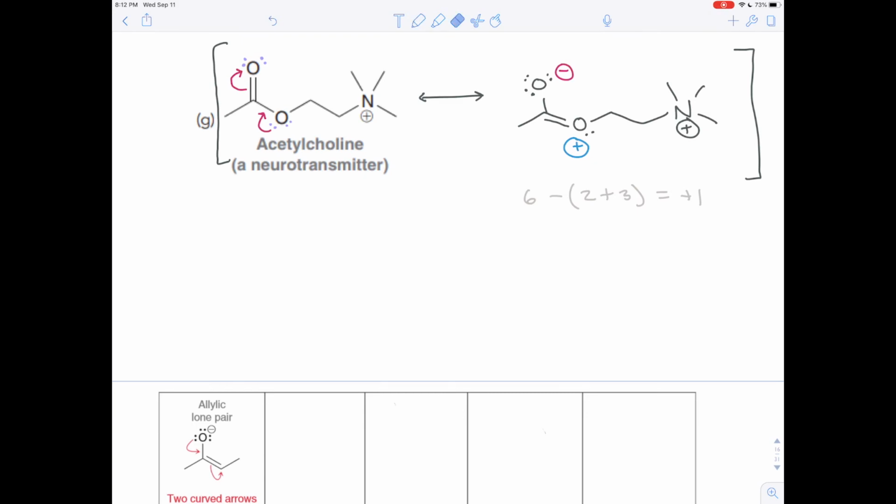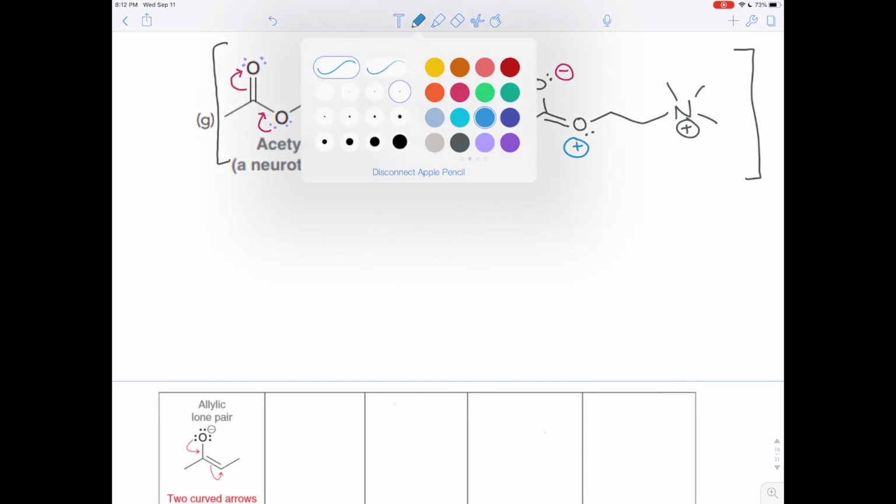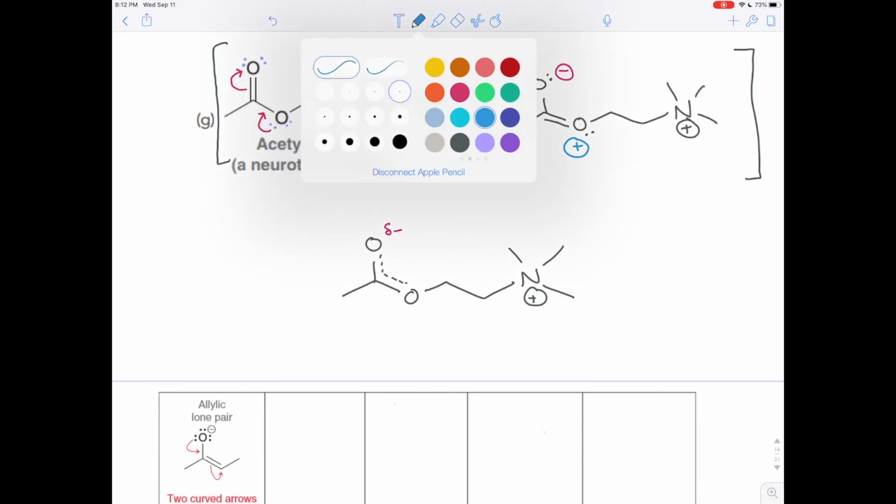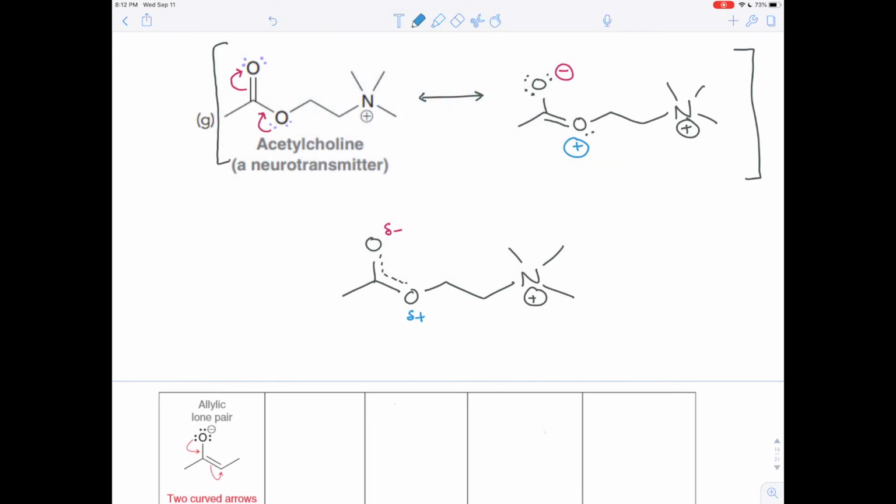All right, and so the true structure of acetylcholine is not the one on the left, it's not the one on the right, it is something in between. And so let me draw it out, just a little sketch, so you get an idea of what these resonance structures are trying to communicate. So that would be somewhat what that molecule would look like.